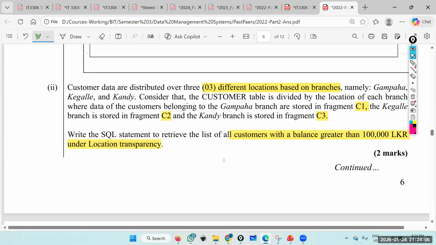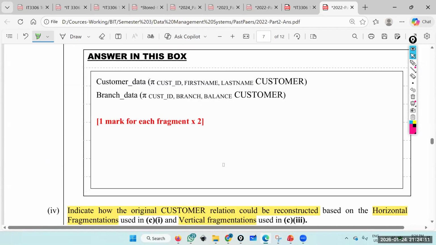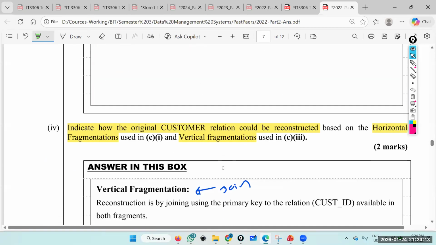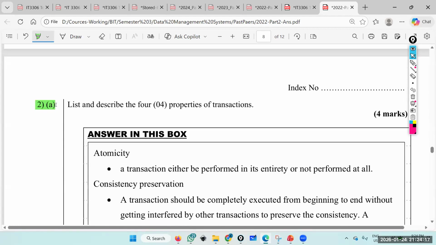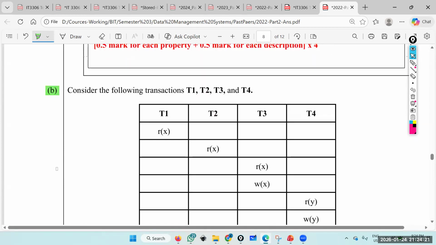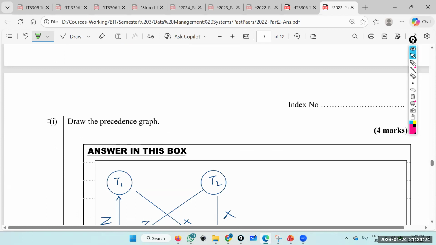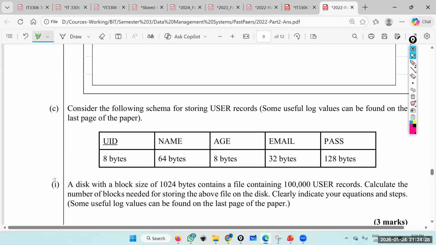Lot of questions from distributed databases. Still distributed transactions. 2A, 2B, B1, B2.